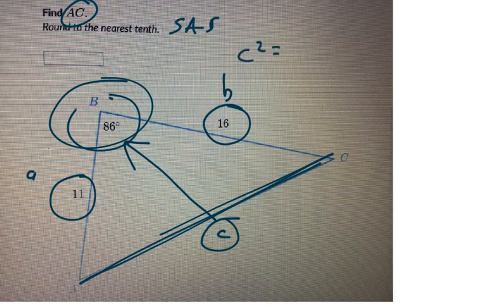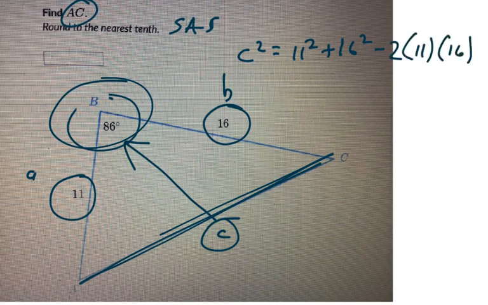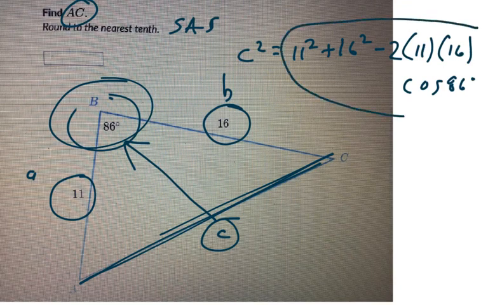C squared, which we don't know yet, equals our A squared plus our B squared minus 2 times the A times the B times the cosine. And we know that angle theta between them is 86 degrees. And I'm just going to type all of that, guys, into my calculator since all those numbers are together this time. Right?